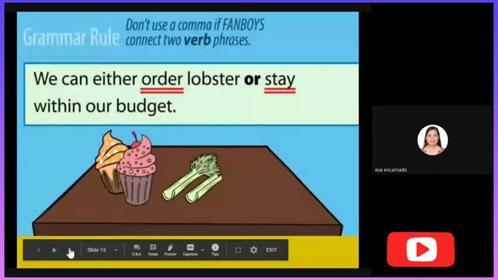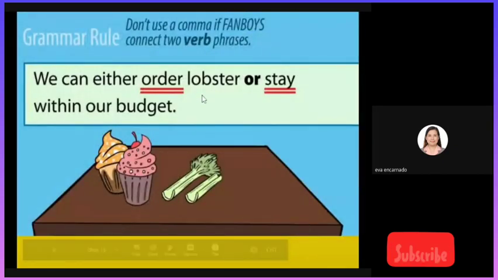Next, we can either order lobster or stay within our budget. All right, so we connect the two verb phrases: order lobster, or stay within our budget. There are two verb phrases and we connect them by using the coordinating conjunction or.